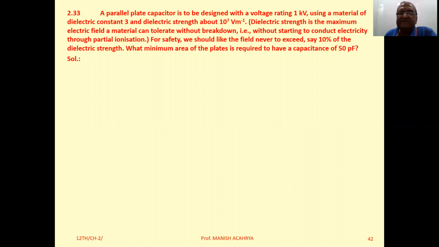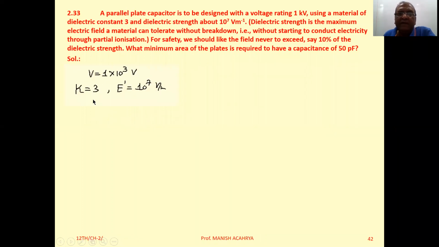It implies without starting to conduct electricity through partial ionization. For safety, we should like the field never to exceed, say, 10% of the dielectric strength. Then what minimum area of the plates is required to have a capacitance of 50 picofarad?